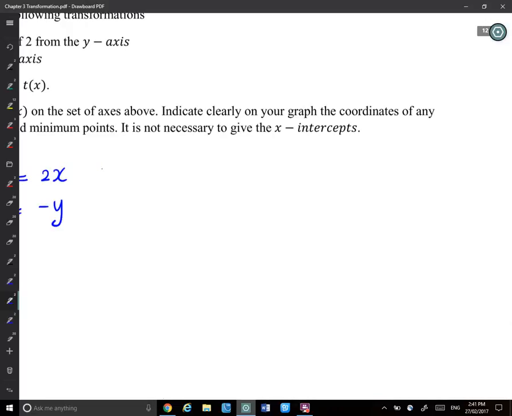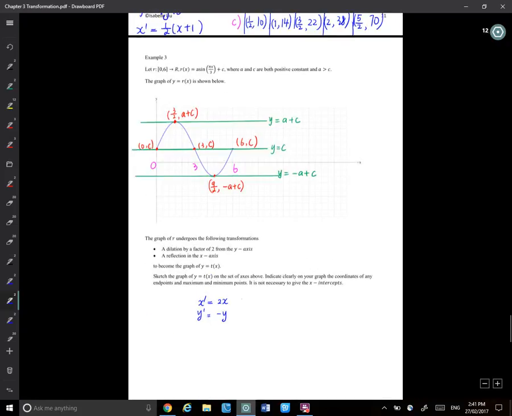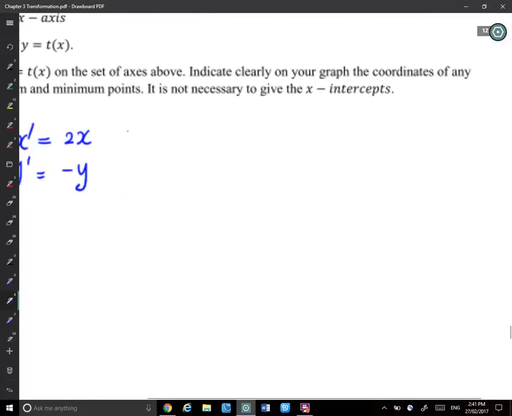Now the interesting point is here. How many points do we have? 1, 2, 3, 4, 5. We have 5 points here.